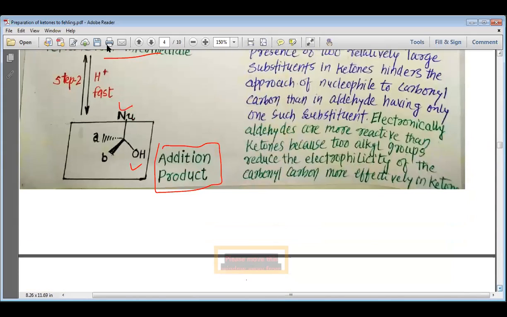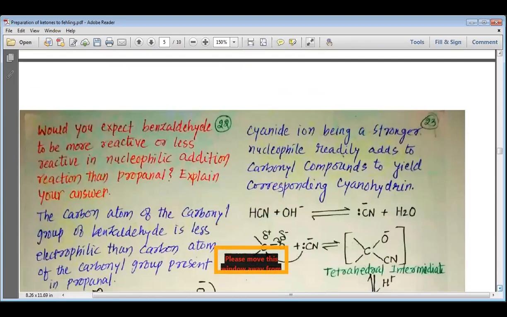At the same time, the alkyl groups, if present, are electron donating groups, and that is why the electrophilicity of this carbon is less supported in ketones, because by donating electrons these two alkyl groups make it more negative. But if we have one hydrogen here, then the positive charge on carbon becomes stronger, and that is why the nucleophilic attack becomes stronger. Ultimately, aldehydes are more reactive than ketones.